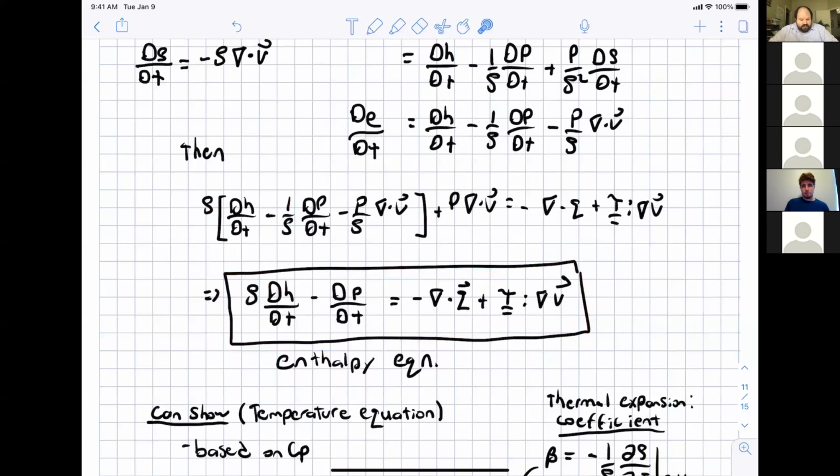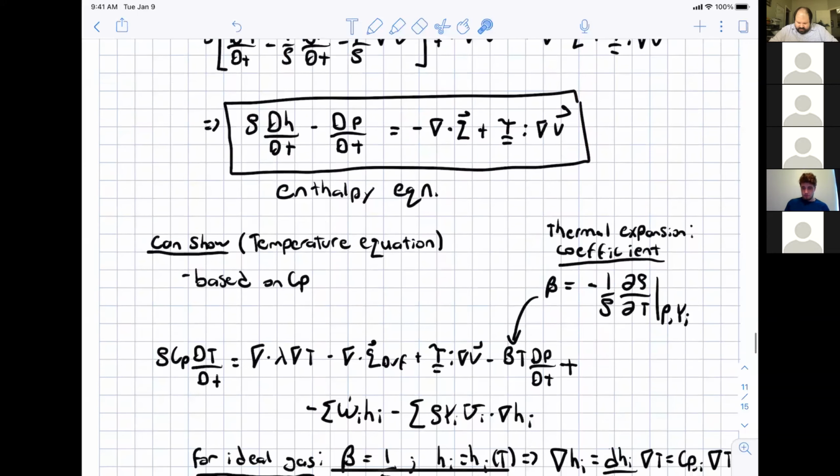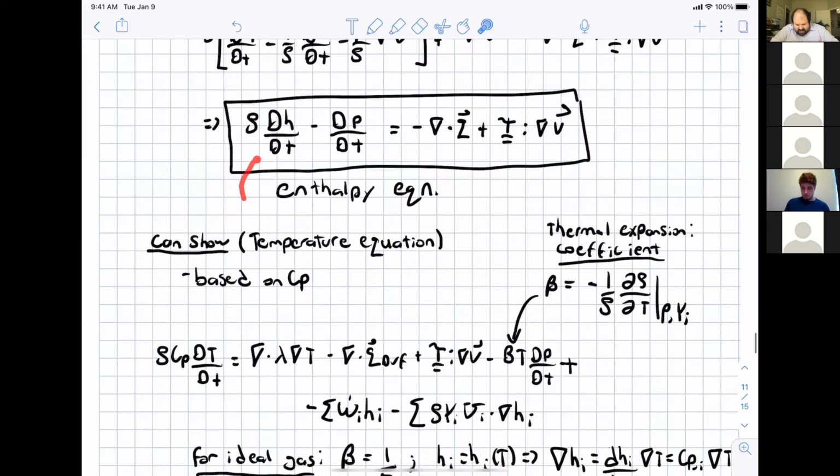So far we've seen 4 of these, and then, as in problem 5 on your homework set, you can take this enthalpy equation here and derive a temperature equation by assuming that H is a function of T, P, and species composition.